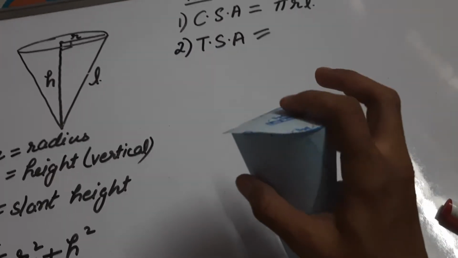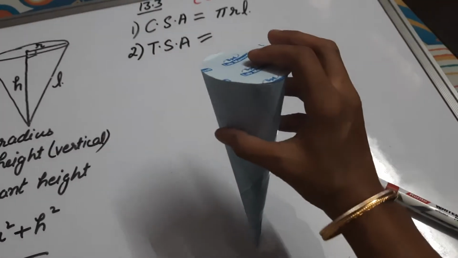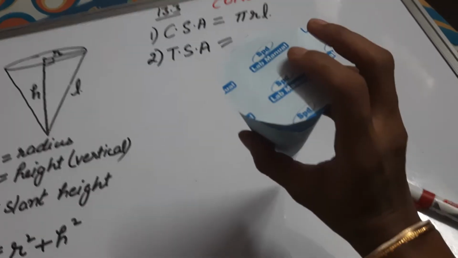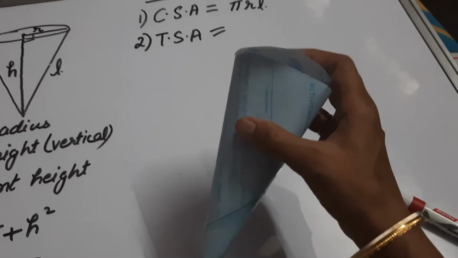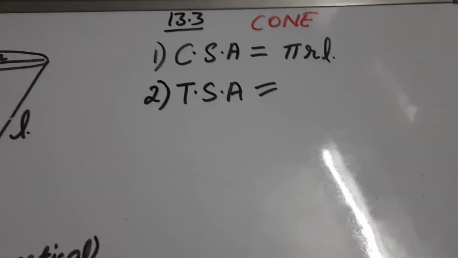And the circular part, this lid is flat. The lid of the cone is flat. This is cone. This is curved surface. This is flat surface which is in the shape of circle. So when we will add these two formulas, we'll get the total surface area.